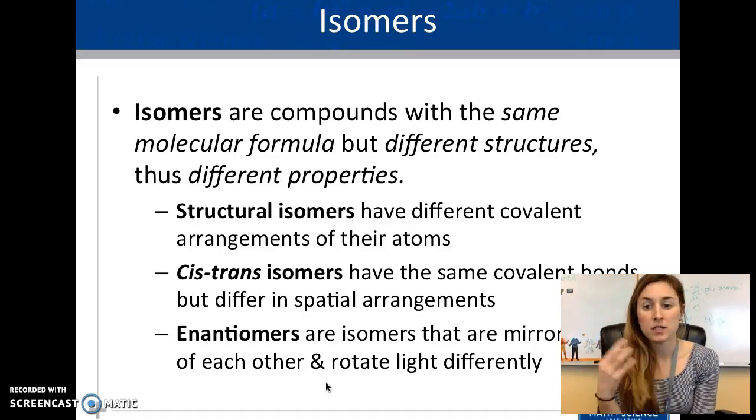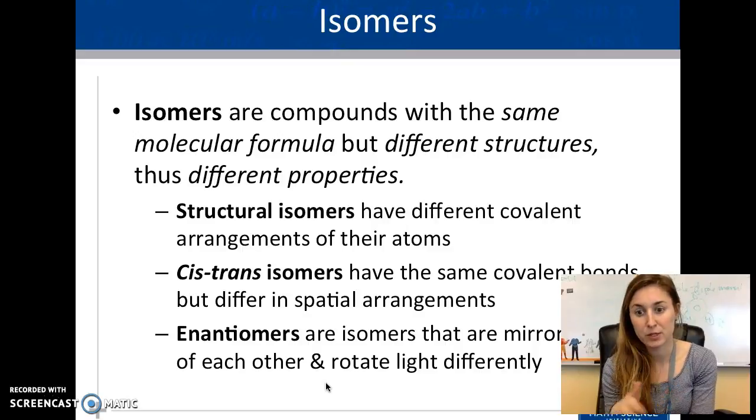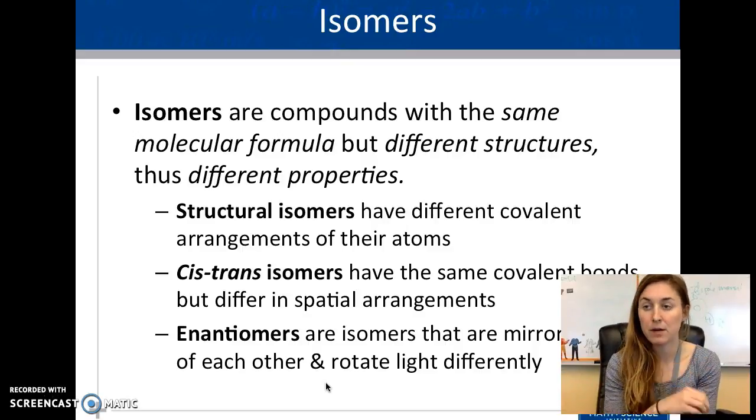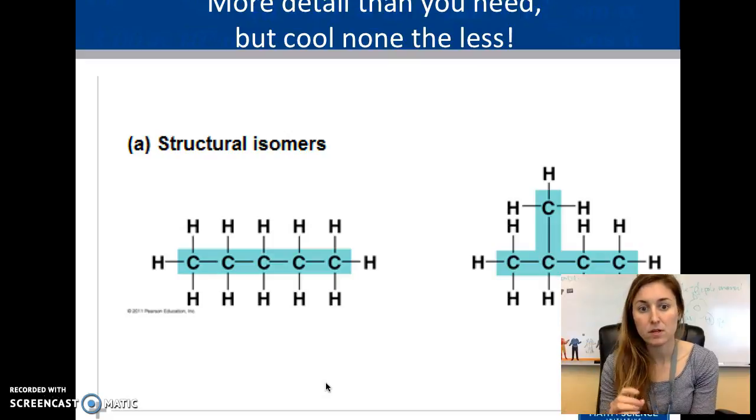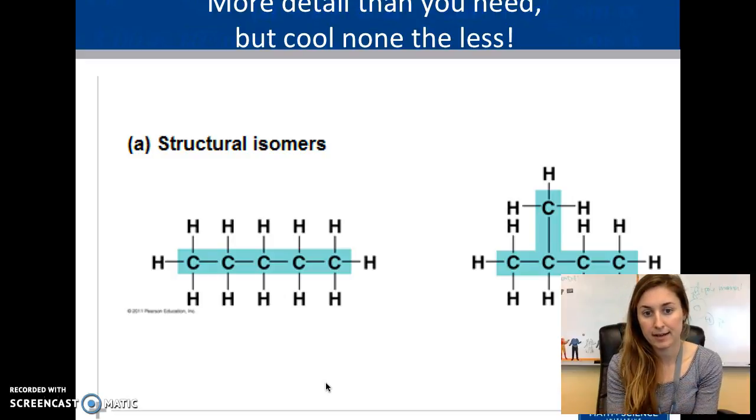Isomers are going to be the same number of carbons and hydrogens, different structure. If you think about trans fats, there's two types of fats, and people talk about the good fat versus the bad fat. Same amount of carbons and hydrogens, just a different structure, which means they can be broken down in a different way. A structural isomer has the same number of carbons and hydrogens, just a different arrangement.